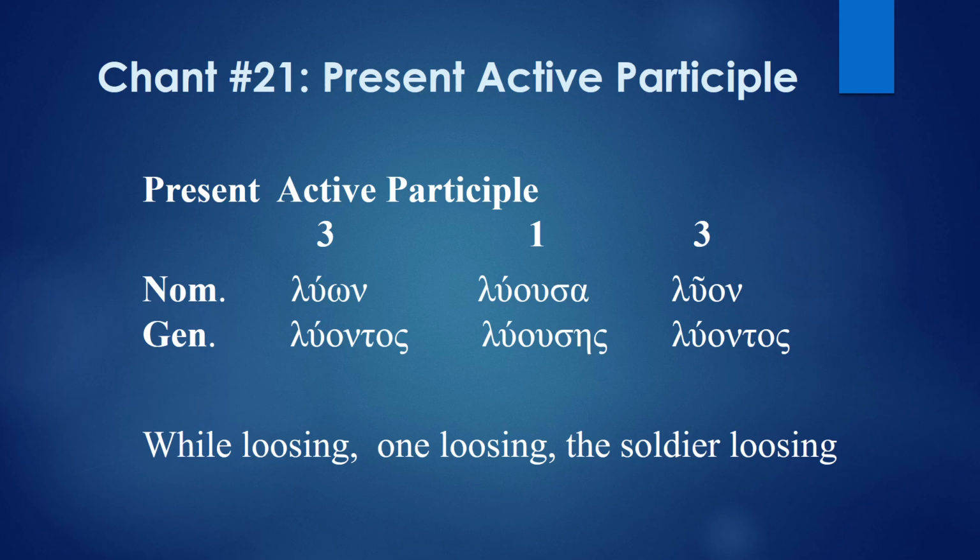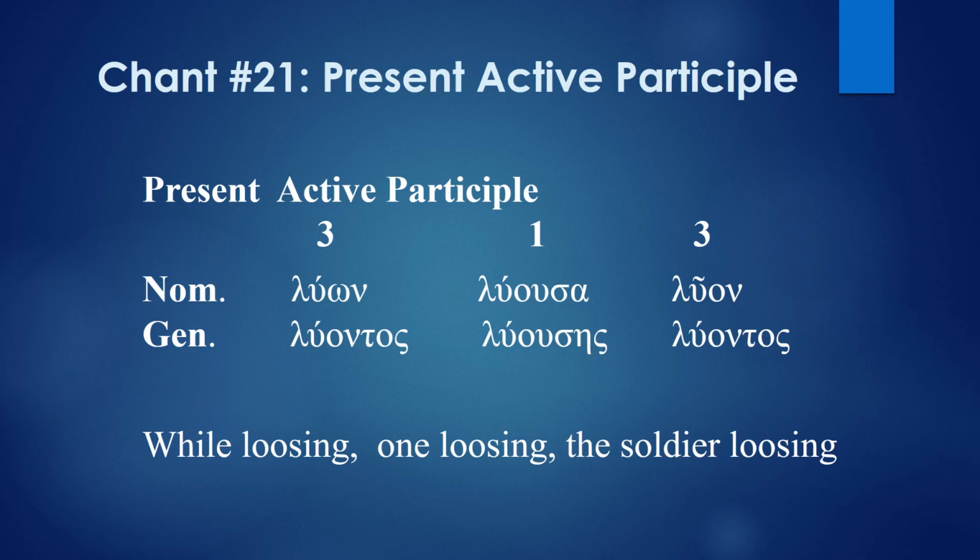We'll just learn the nominative and the genitive, and then just use the third declension endings down on the first one, the masculine, the first declension endings for the second one, and the third declension endings for the neuter on the last one. So here is the chant. The nominative singular masculine is luon. The genitive singular is luontos.